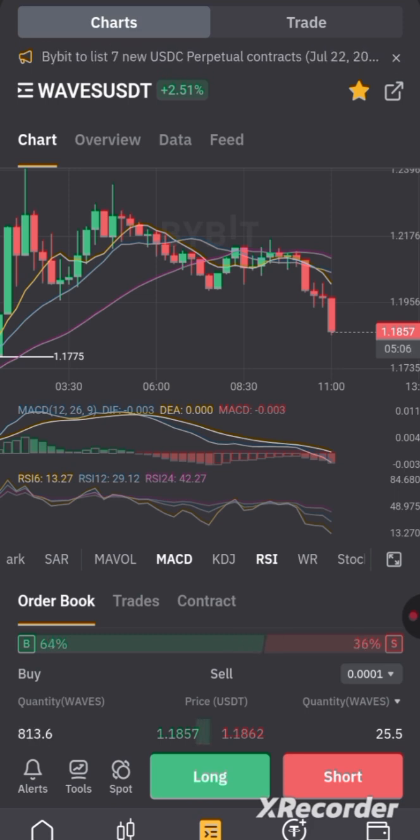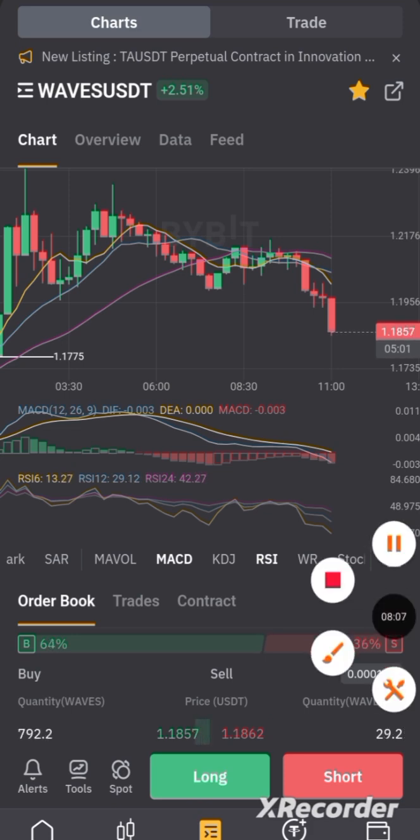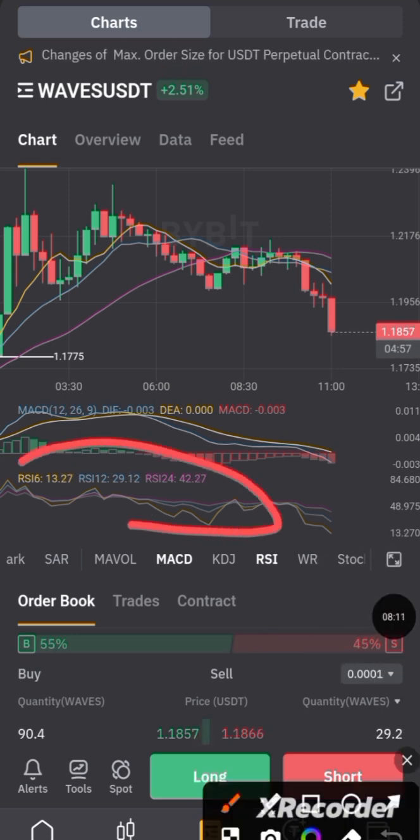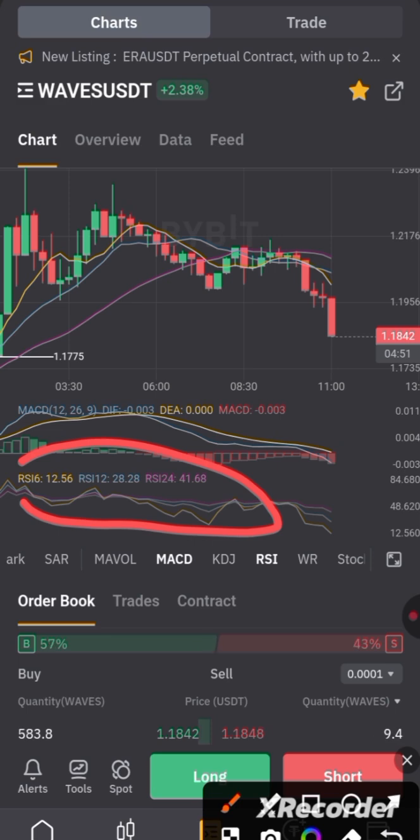And if the indicator lines, these particular numbers, move higher from these numbers now, the RSI 16 says 13.2, RSI 12 says 12 points, RSI 12 says 28.2, RSI 24 says 41 points.